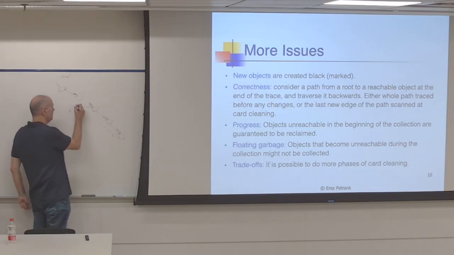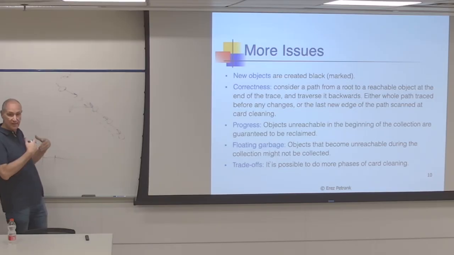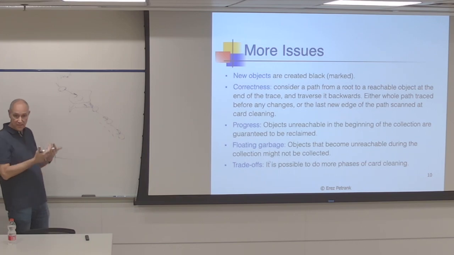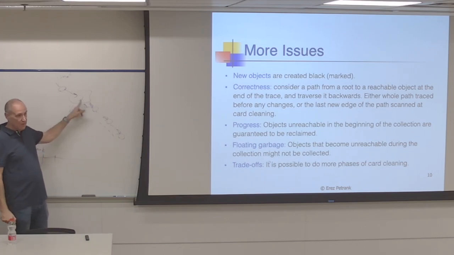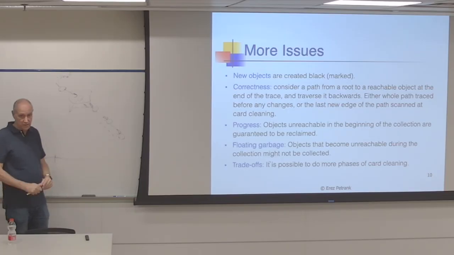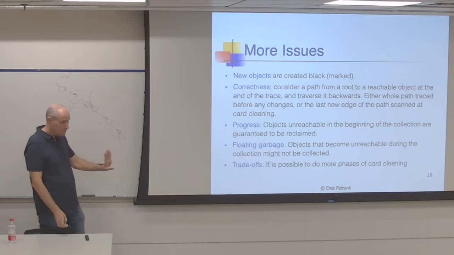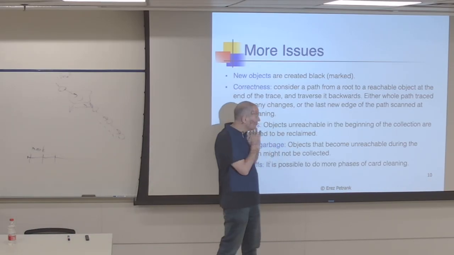It was modified from here to here at some point, and I didn't see this. I looked at this. Then this card will be dirty, and in my card cleaning, I will find this pointer, and I will go through it, and then I will continue and find this reachable object. So I will find all the objects that are reachable at the end of the collection.